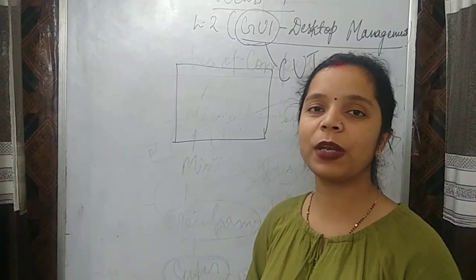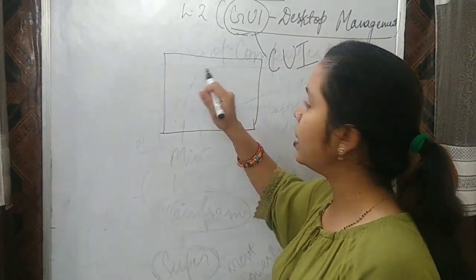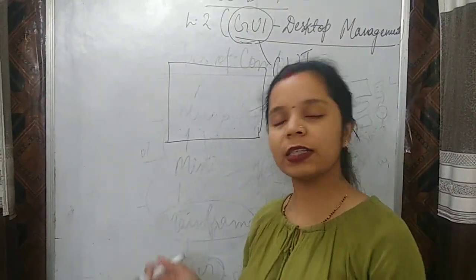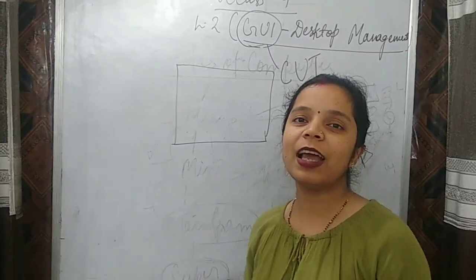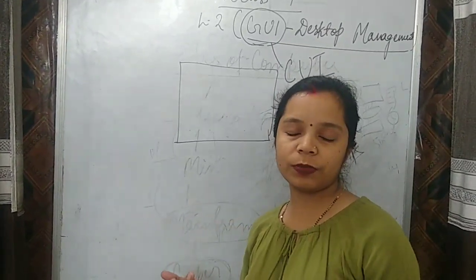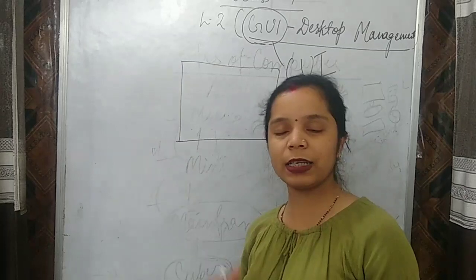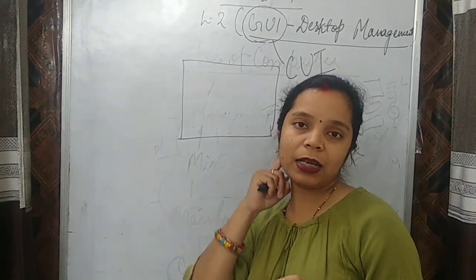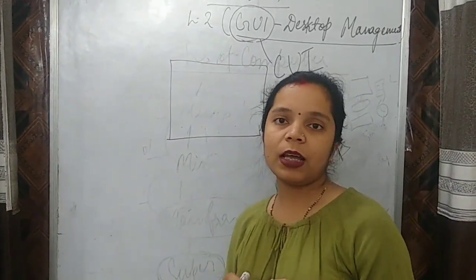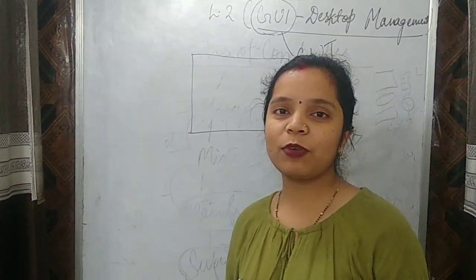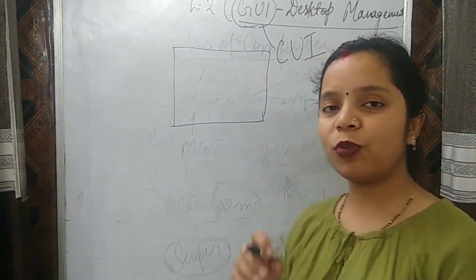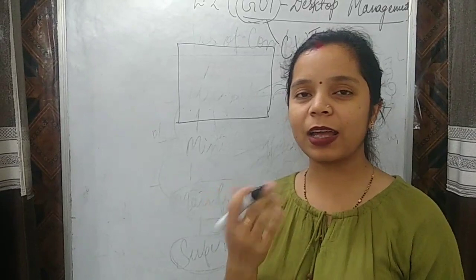So two types of operating systems are there. One is GUI, which we use nowadays, that is graphical user interface, and one type of operating system was CUI, that is command user interface. You can see the example of mobile phone. Like before, the mobile phones were only black and white.